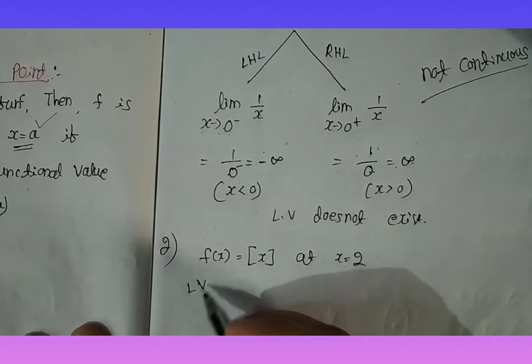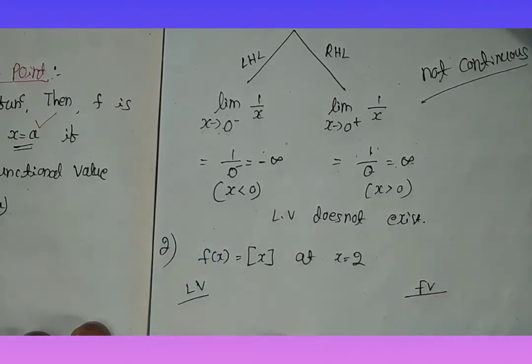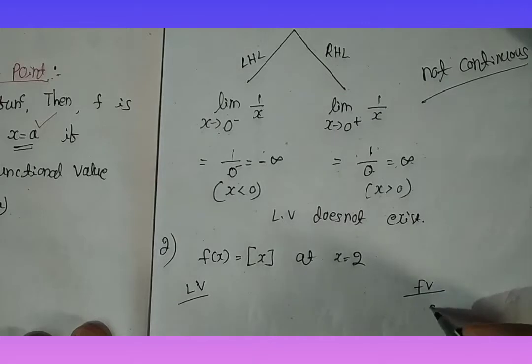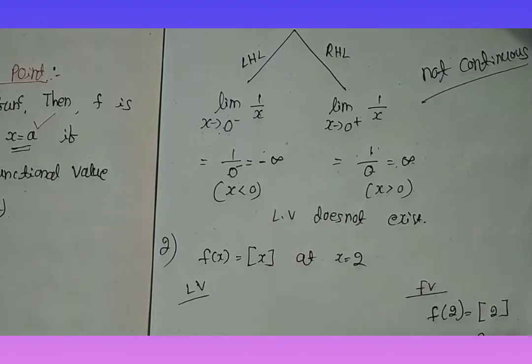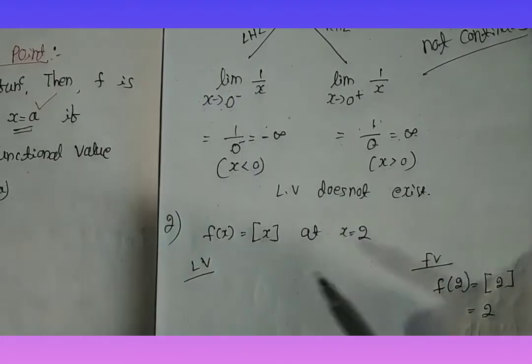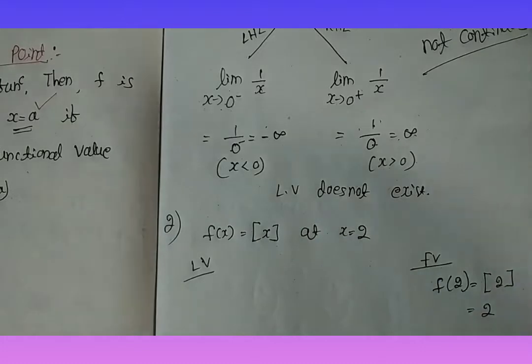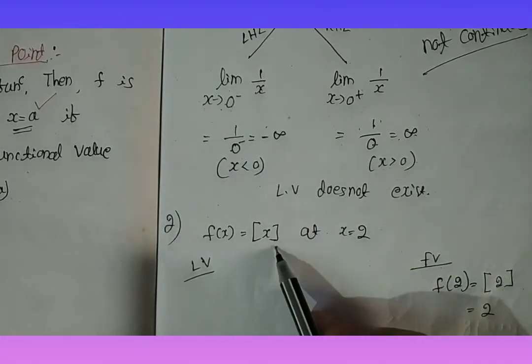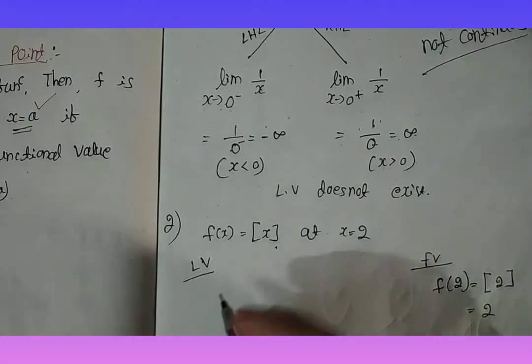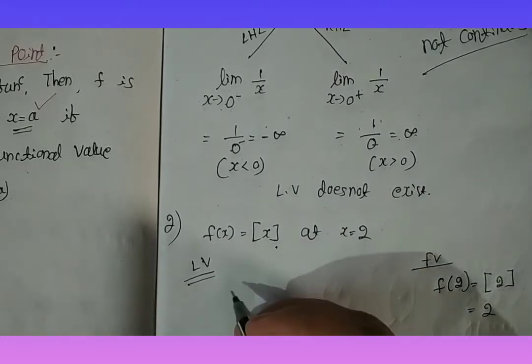We need the limiting value and the functional value. If you want to find the functional value, simply put x equal to 2, and the greatest integer of 2 is equal to 2. If you have doubts about this function, go to the previous video on functions and check out the definition of the greatest integer function.